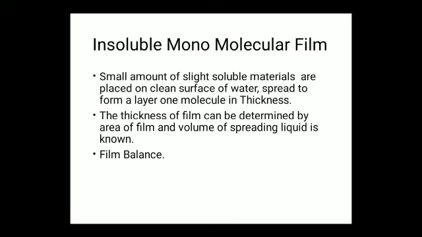The first is the area of the film, and the second is the volume of the spreading liquid. These two parameters can be determined by using one equipment. The equipment used for determining the thickness of the film is called a film balance.